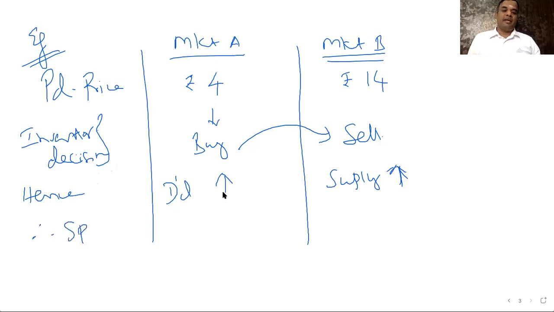Demand increases in market A, therefore selling price will increase. Supply increases in market B, therefore selling price will decrease. So the 14 rupees keeps going on a decremental trend, and the 4 rupees keeps going on an incremental trend. At one particular point of time, both markets will have the same price. This is because of the concept of arbitrage and the equilibrium concept.